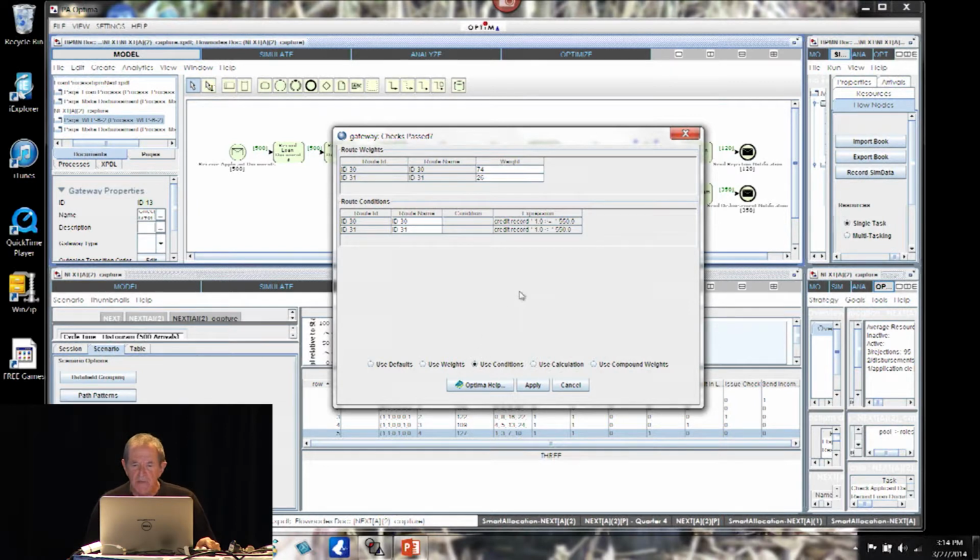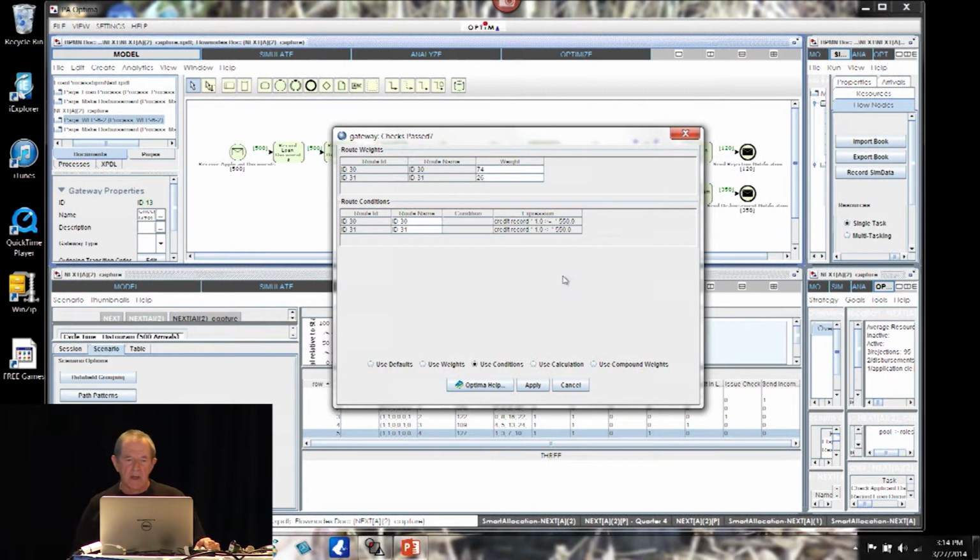And what it's discovered is that there is a rule based upon the value of the credit record, which has determined what happens. It turns out that whenever a loan got a credit score greater than or equal to 550, it did a disbursement. When it was less, it didn't. So it discovered a correlation between a property of the loan and what happened at that gateway and made up a rule.